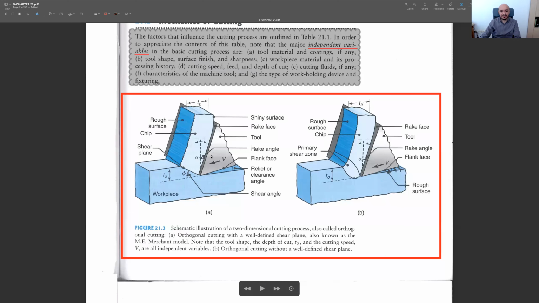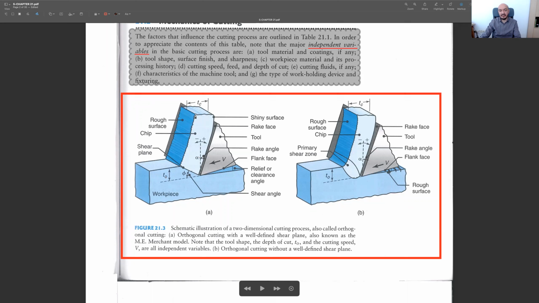The tool has some faces. This part is called the rake face, and it has another face underneath. This is called the flank face. And the chip, while it's moving, its thickness is increased. This is called tc, the actual chip thickness after it is generated, and it is larger than t0. Okay, this is an important issue.